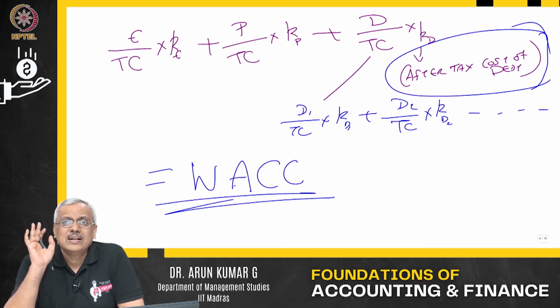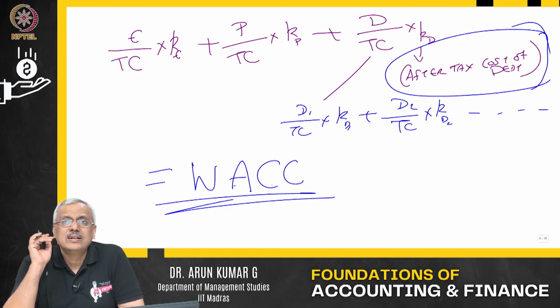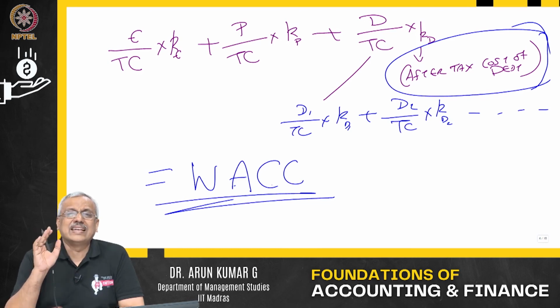Supposing I did not have debt as a component in the capital structure, I had only equity and preference. Then what happens? The tax would have kicked in. Because I have debt in the capital structure, I am saving on tax. So, I am knocking off the after tax cost of debt, the net cost of debt.